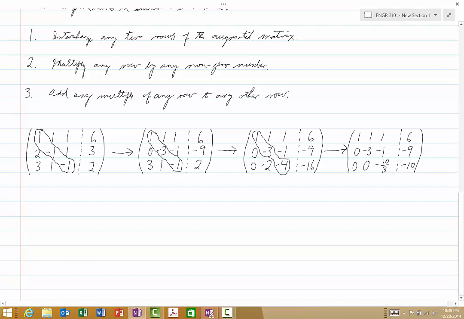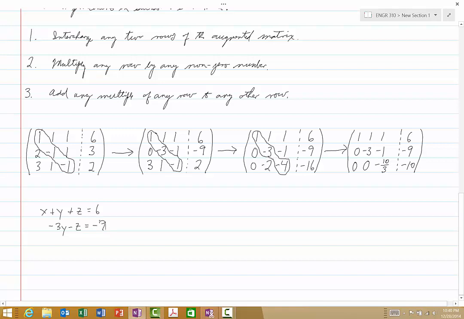So the first line is x plus y plus z equals 6. The second equation is negative 3y minus z equals negative 9.